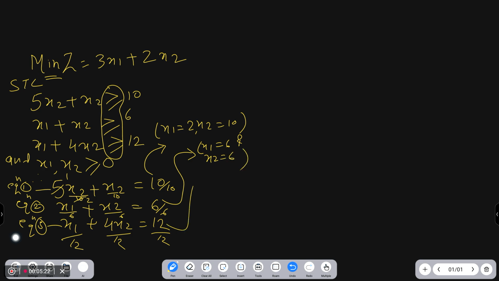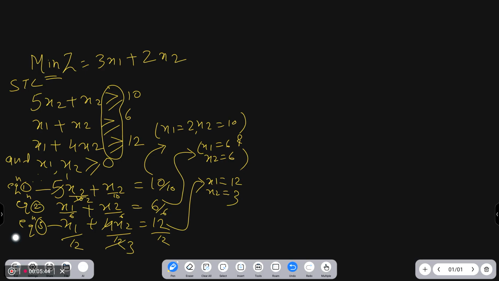What about the third one? That is 12 and 3. So x1 is equal to 12 and x2 is equal to 3. These are the coordinates for my graph.